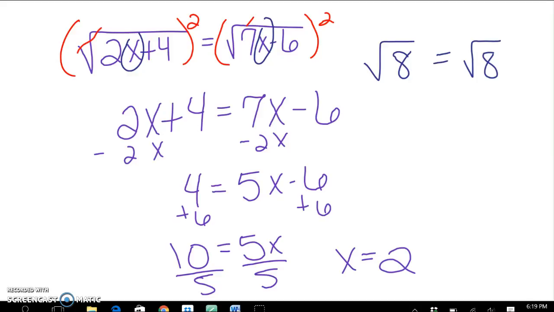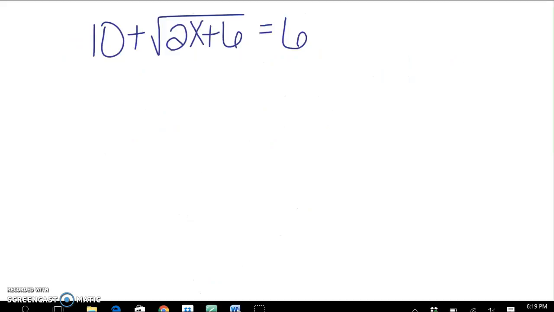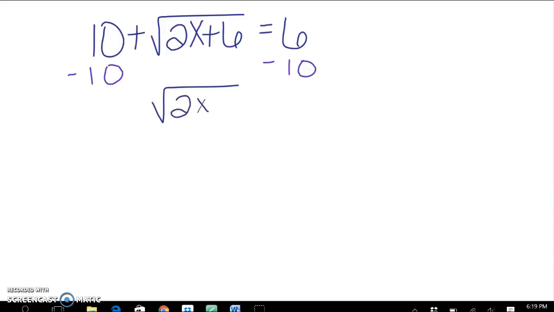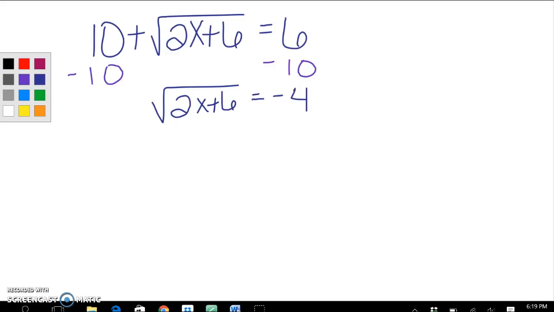That's all that matters. Last one, so we're going to isolate the radical first. So let's see, radical 6 minus 10 is negative 4. We're going to go ahead and follow the rules. We've got the radical isolated, so I'm going to square both sides.